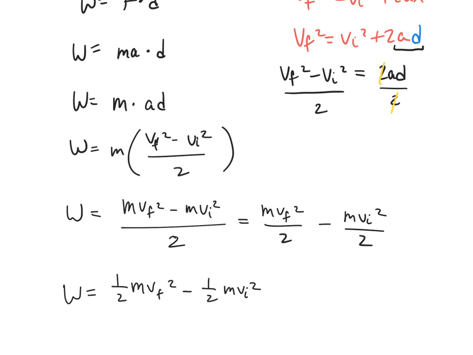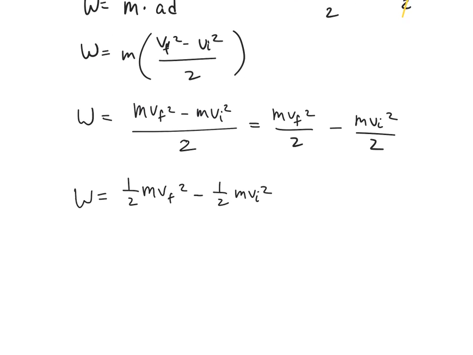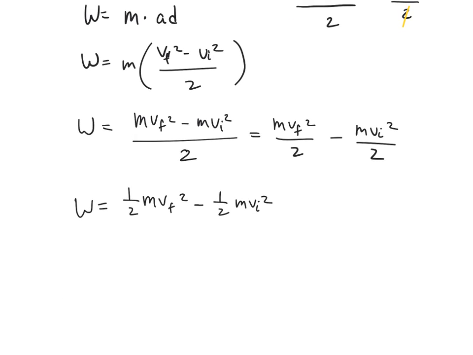So I end up getting pretty much kinetic energy at the end of the problem minus kinetic energy at the beginning of the problem. Final minus initial. When I do final minus initial, what's the symbol we use for that instead? Instead of writing final minus initial, what symbol do I use? Delta.